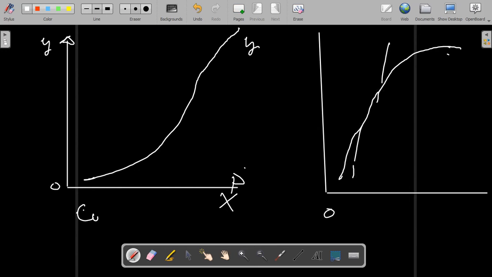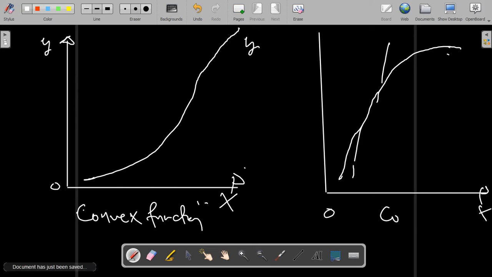This is the convex function: when the second order derivative is positive, this implies a convex function. On the right hand side, this is what is called the concave function graph. As displayed, when the second order derivative is negative, the function will be going in this direction, as observed.